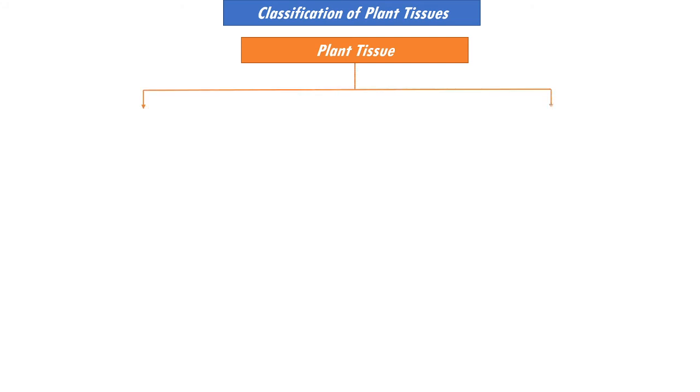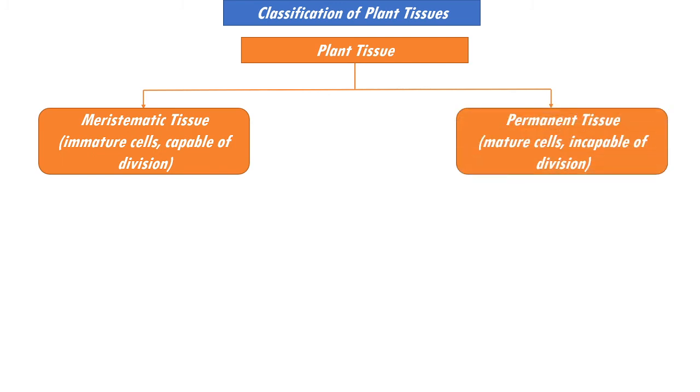Students, I have summarized all the classification of plant tissue in a flowchart. Look students, plant tissue is of two types, meristematic tissue and permanent tissue. Meristematic tissue has immature cells which are capable of division, whereas permanent tissue has mature cells which are incapable of division.